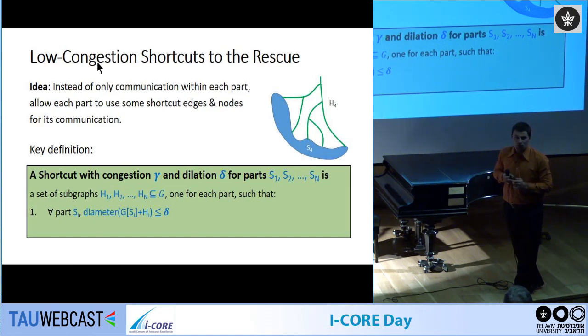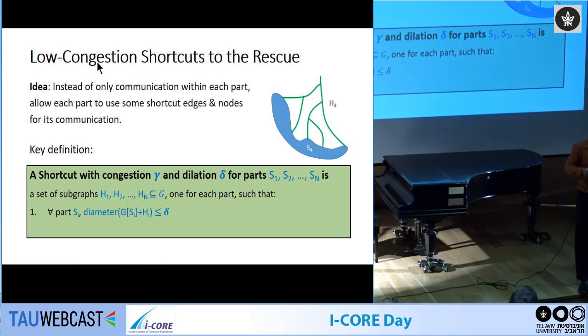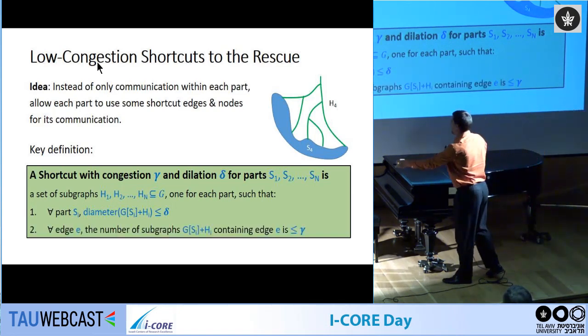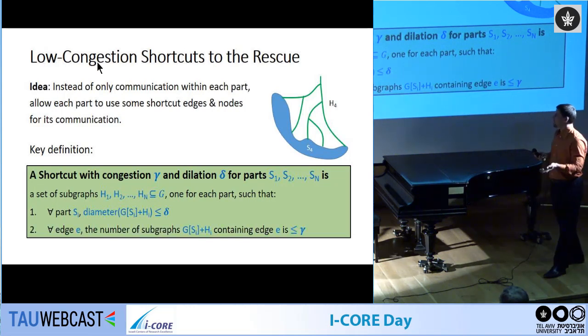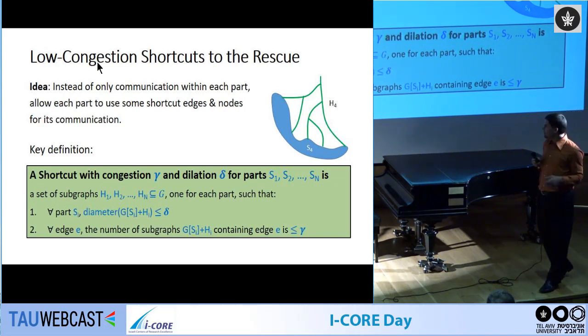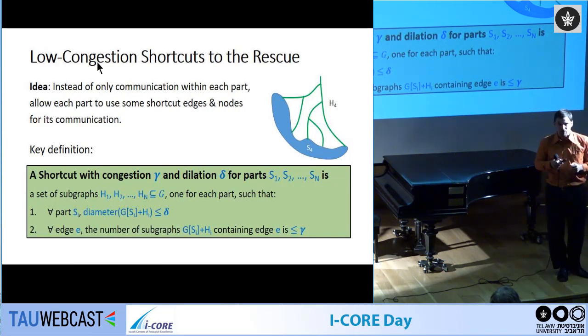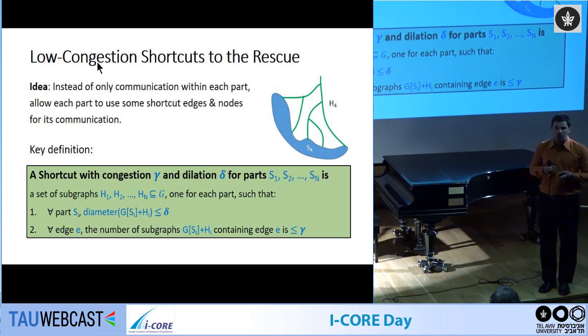Yes, each edge should not be used by too many parts. Because if one edge is used by all the parts or many parts, then clearly they're going to have to wait for this edge, and it's going to take a long time. So this is a fairly straightforward definition once we have understood the problem. Once I add the extra edges, the diameter should be small; in particular, we call the diameter the dilation delta, and every edge should be used only gamma often. And so we would like to make gamma and delta small.